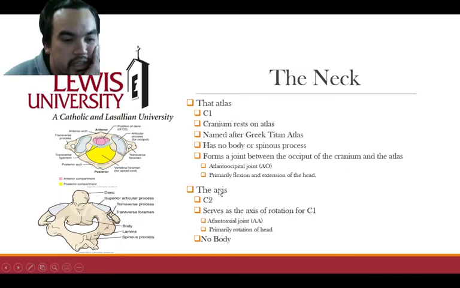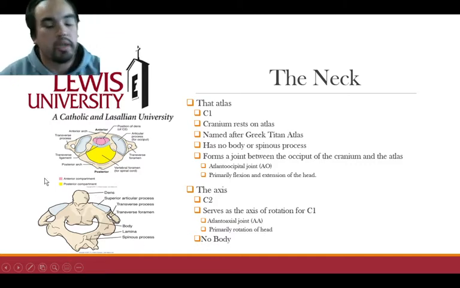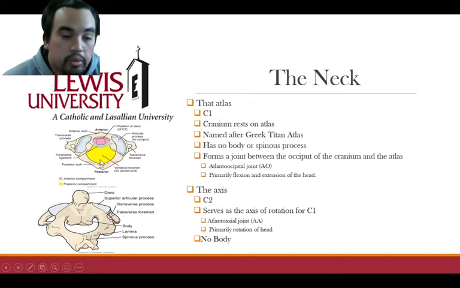Then we have the axis. It serves as an axis of rotation for C1, and this is the atlantoaxial joint, so AA, and this is the atlanto-occipital joint. Okay, and the primary function of this is rotation of the head. It also has no body in terms of typical vertebrae.